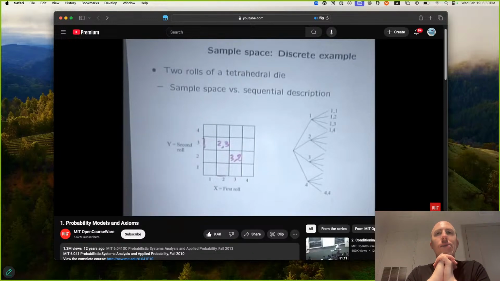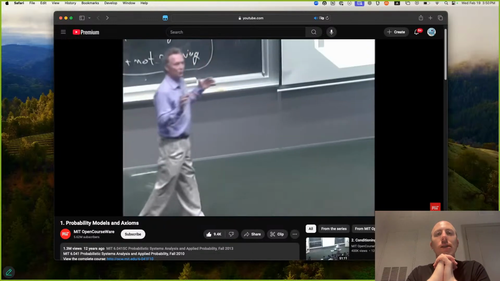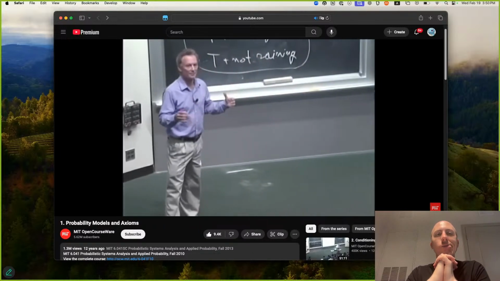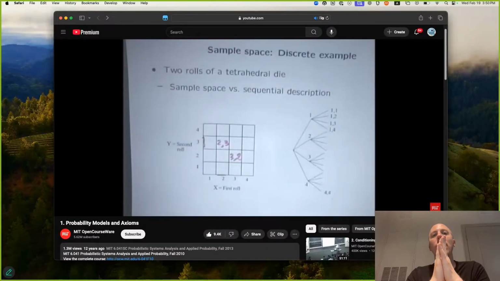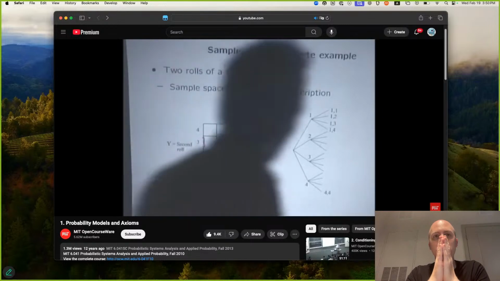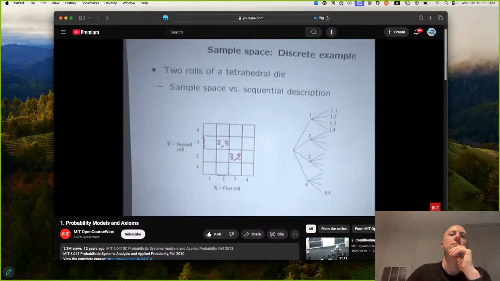But if you're dealing with a probabilistic model that wants to keep track of everything that happens in this composite experiment, there are good reasons for distinguishing between these two outcomes. When this happens, it's definitely something different from that happening. A 2 followed by a 3 is different from a 3 followed by a 2. So this is the correct one.